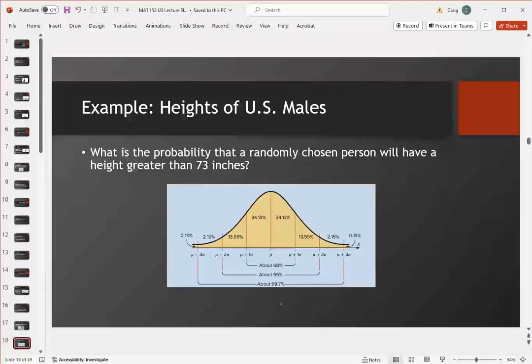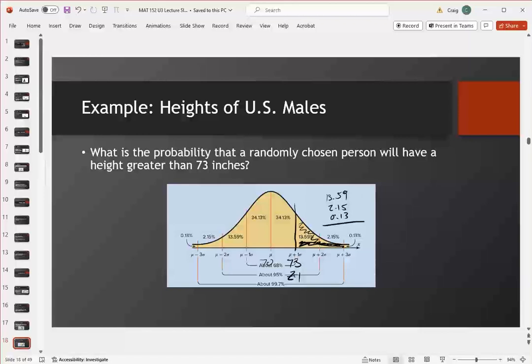So what's the probability that a randomly chosen person will have a height greater than 73 inches? Well, if this is 70 and this is 73, now we want to know greater than 73. That's all of the area on this side, above 73, above z equals 1. And so we could just add all of those up: 13.59, 2.15, 0.13.